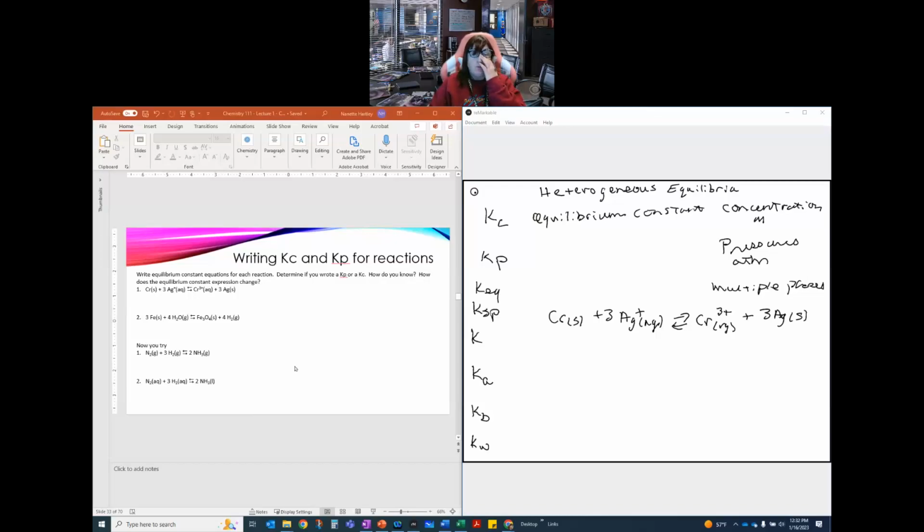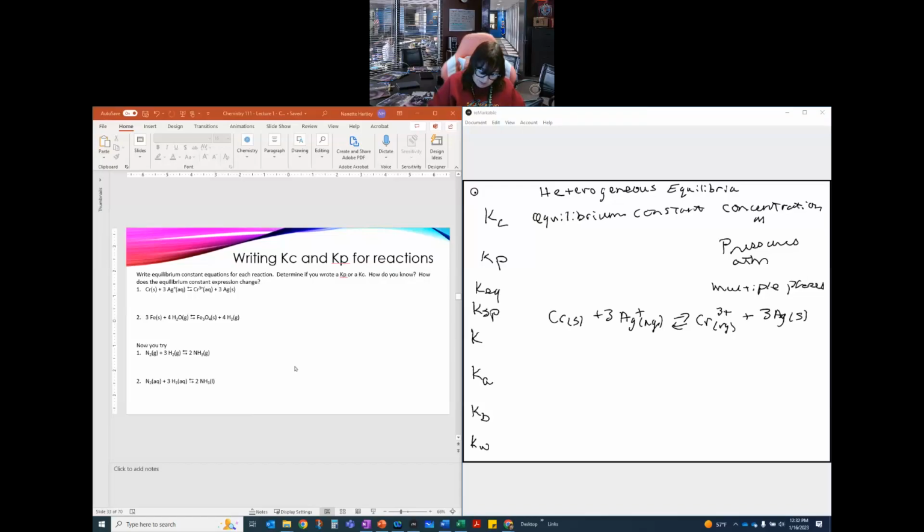There are reasons that we will do that, and we'll talk about them when we get to that, okay? But it is not unusual to see charges in balanced equations. What we need to make sure is that the charge is equal on both sides. So I have 3Ag+ going to Cr3+, so we have the same amount of charge on each side. So that's fine.